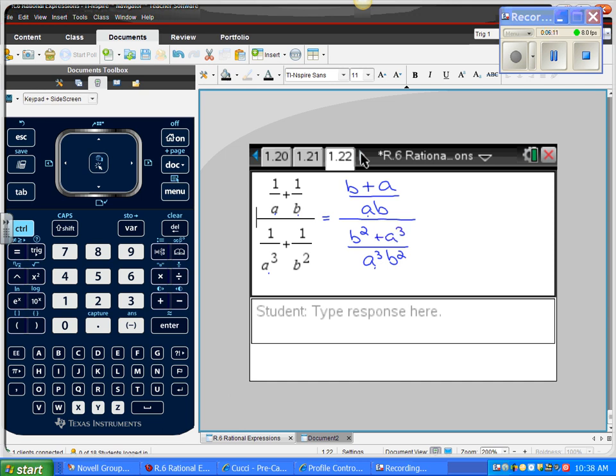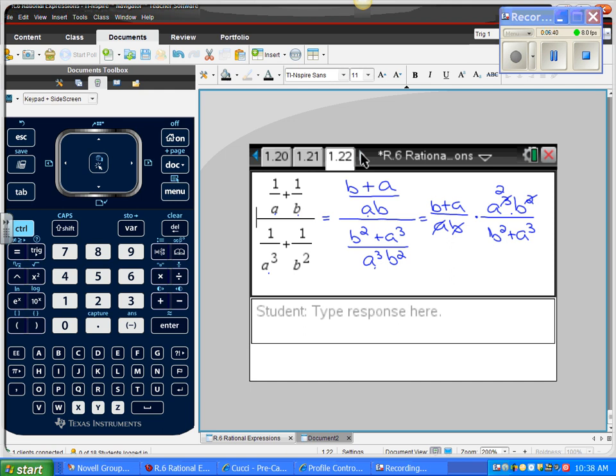All right, now we are able to keep, change, flip. Okay. There's our keep, change, flip. So let's see what I can cancel. I can cancel one of the a's, one of the b's. Okay.